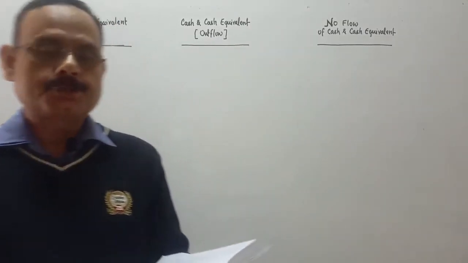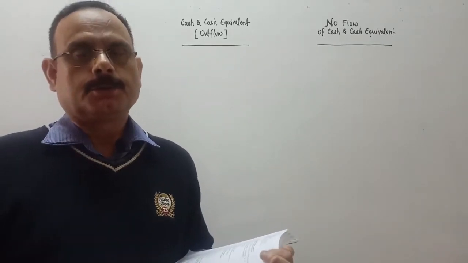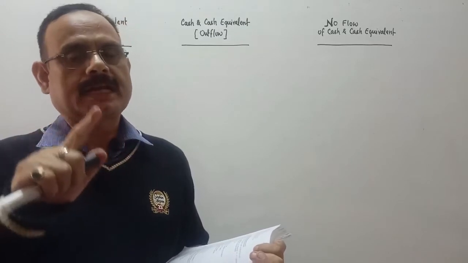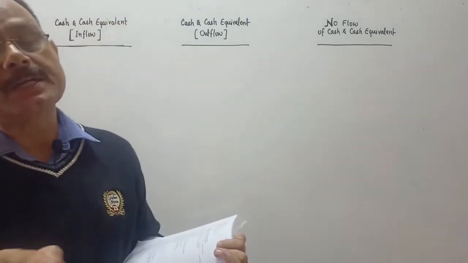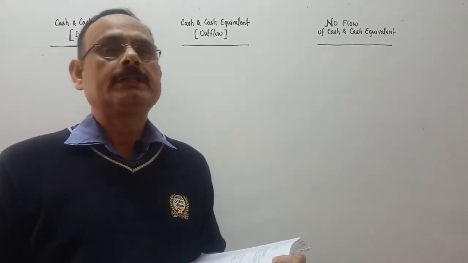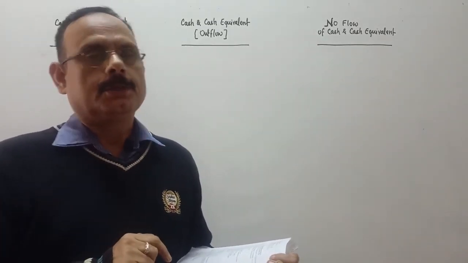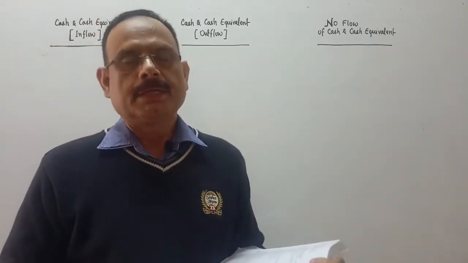Now come to the next question. This question is based on finding out cash inflow, whether this transaction inflows the cash or outflows the cash, or there is no flow of cash. Do you know when cash and cash equivalent flow?